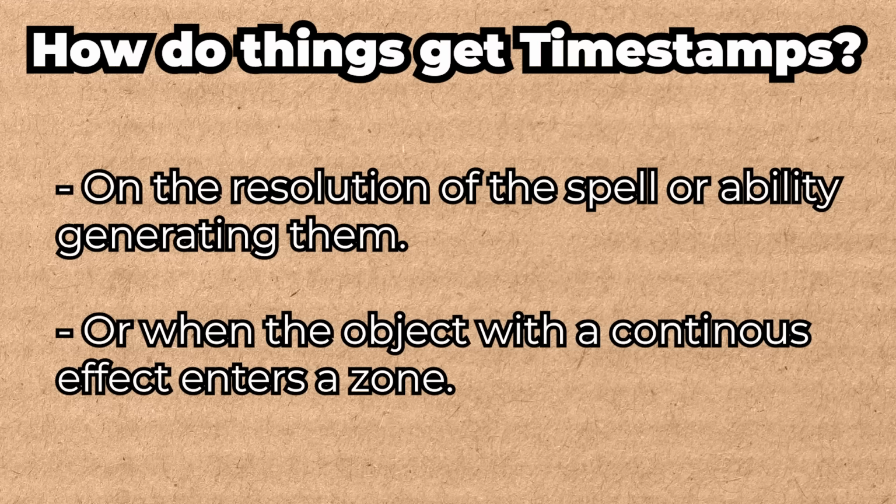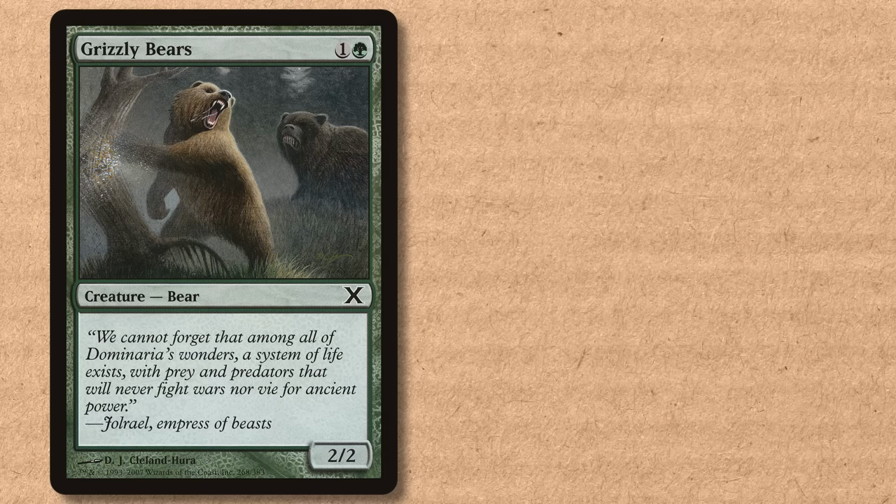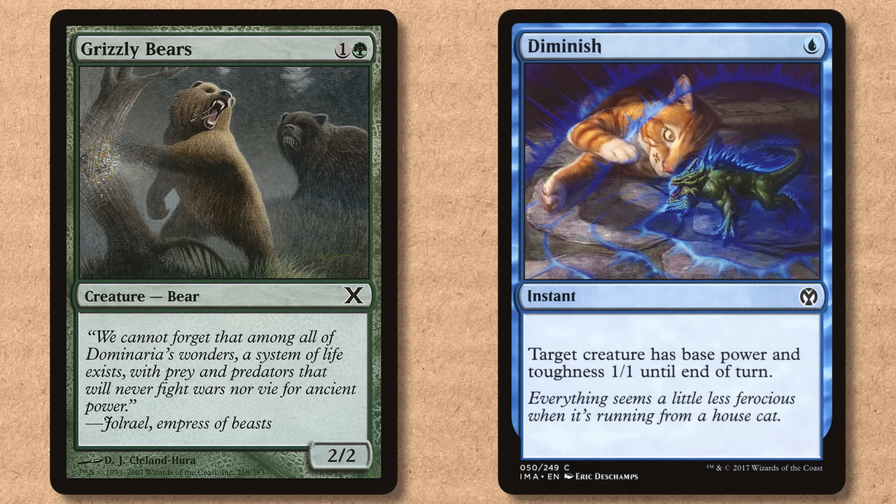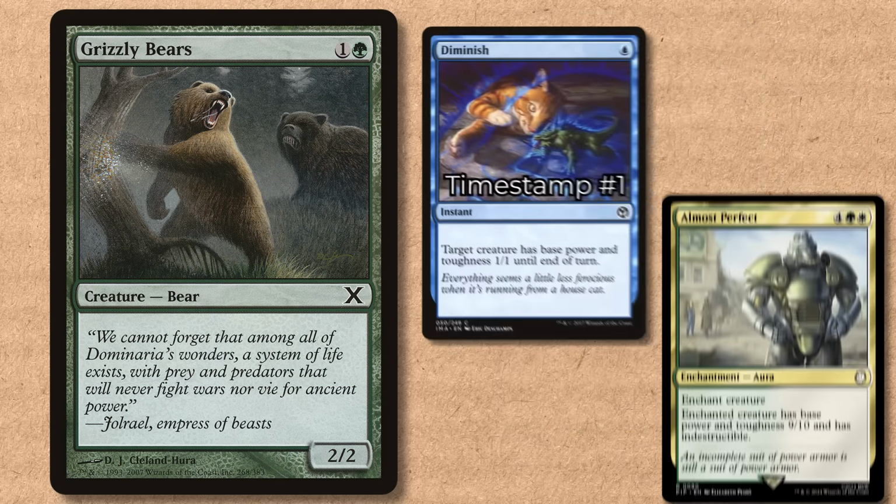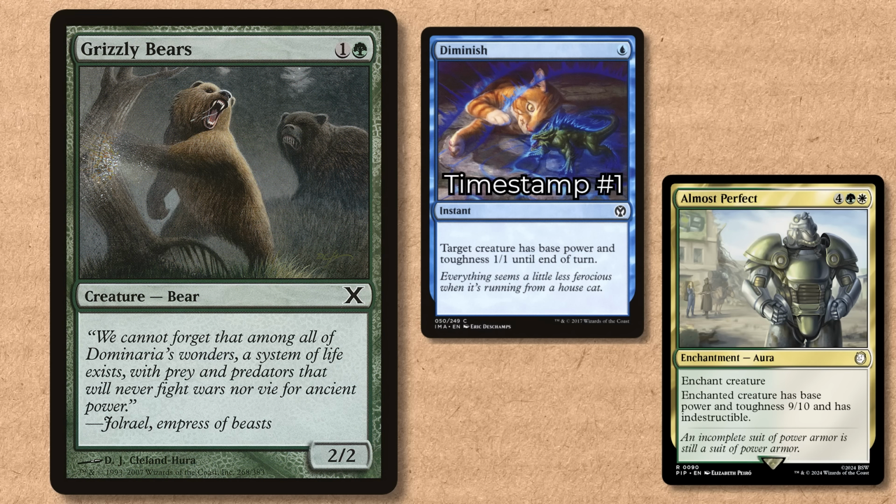Let's quickly go through an example. I have a Grizzly Bear in play. My opponent casts Diminish on it, setting its power and toughness to 1/1. When this spell resolves, it gets a timestamp. I then cast Almost Perfect, an aura which sets the enchanted creature's base power and toughness to 9/10.